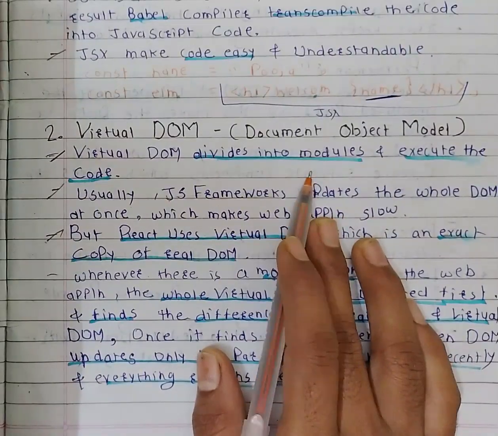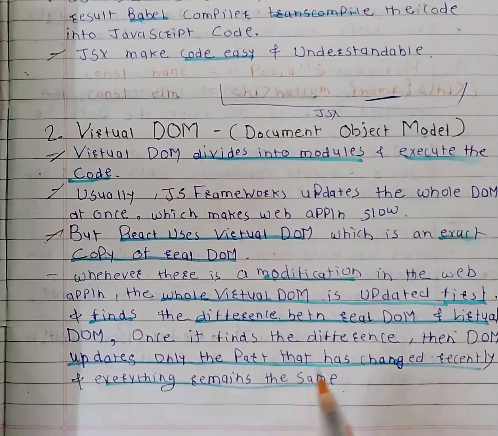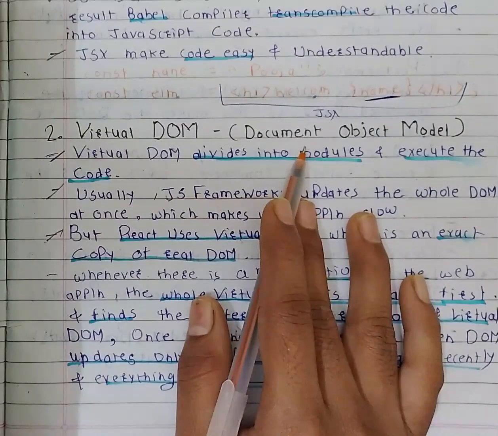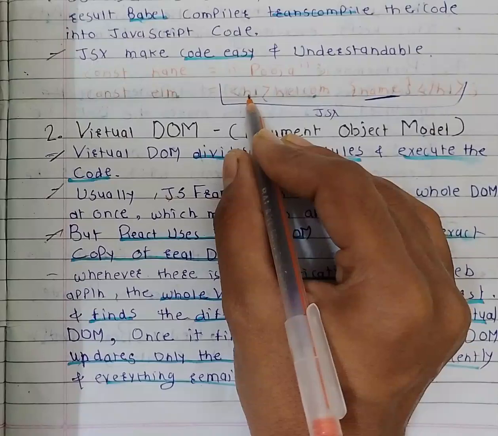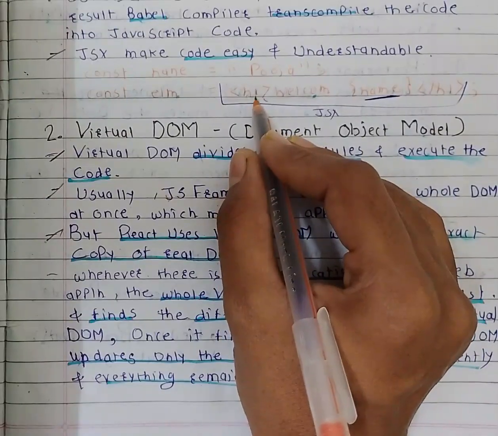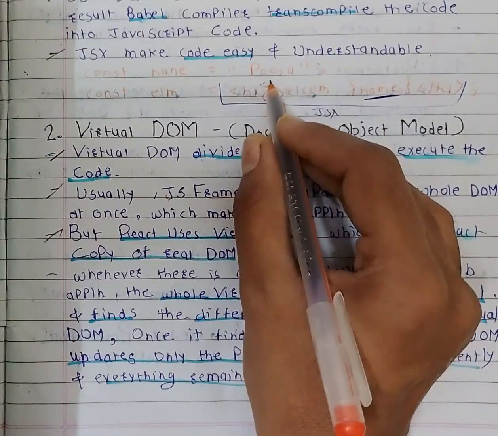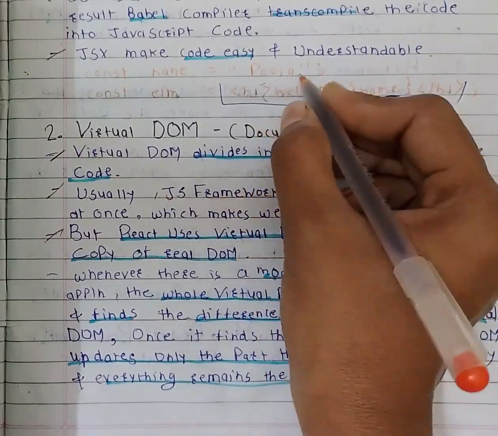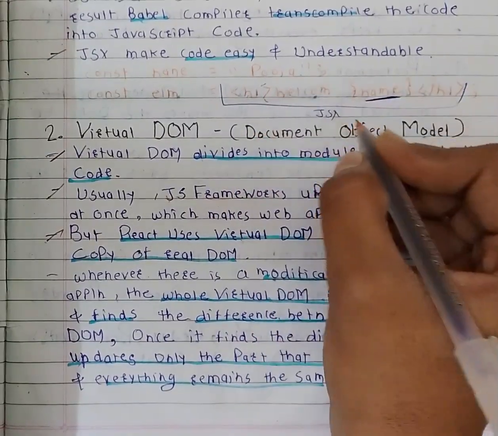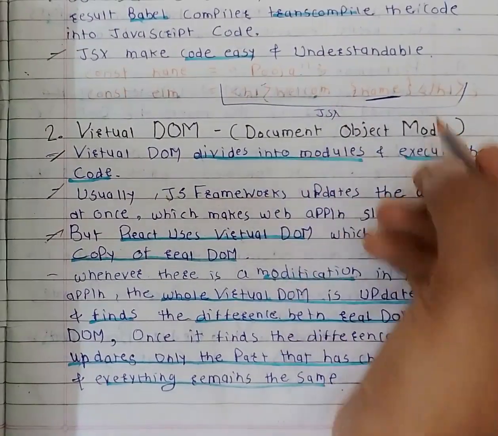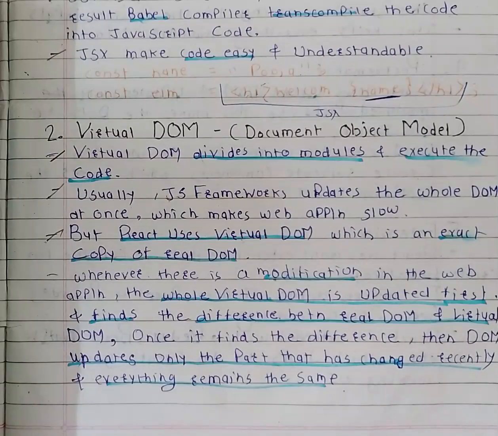DOM provides methods like getElementById, so we can get an element by its ID. Here is our HTML element, so we can give it an ID like name, and we can access that ID in JavaScript and make it more dynamic, for example changing color. Operations like that we can do by using the DOM.